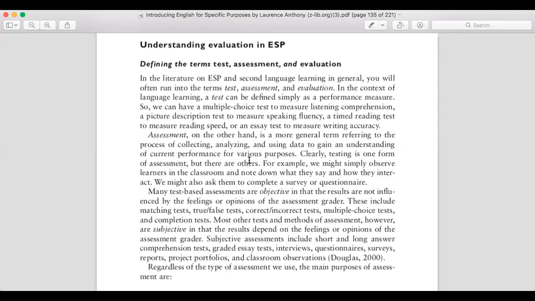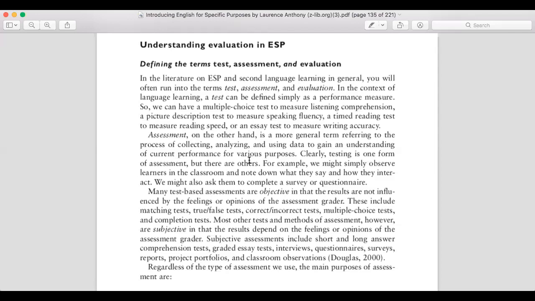Okay, then comes the assessment. Now, assessment is taken as a process, right? Test is not a process. It is just done. It's a kind of a product. Okay. Assessment is a process in which we keep on collecting data about the student's performance. We analyze it, and we use this data to understand the progress of the student.